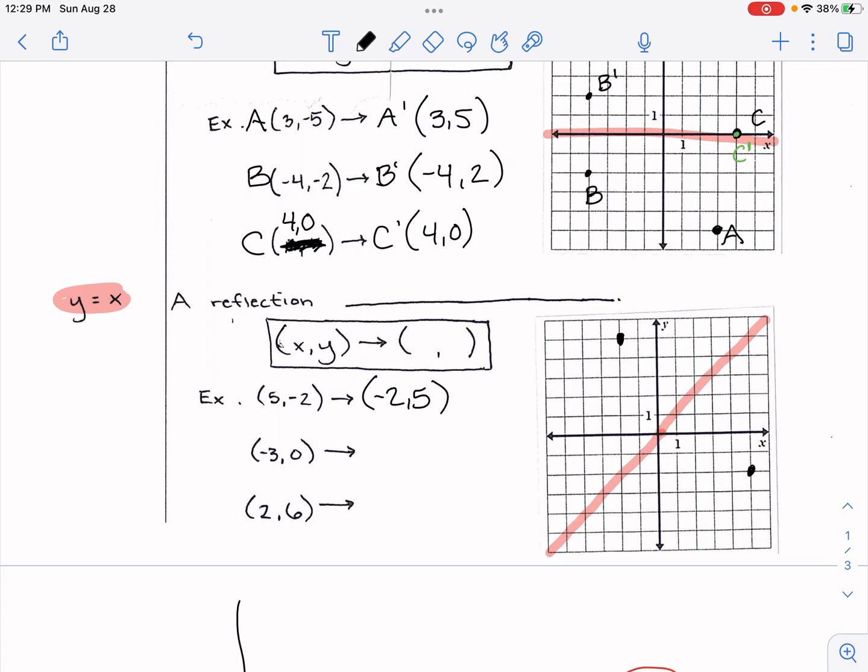Now we can tell that this is a reflection because if I connect these two, you don't have to connect this, but I will. You can see how it runs perpendicular at a right angle to that line of reflection. Also this line to the left or top of it is the same distance as this line to the bottom or right of that line.